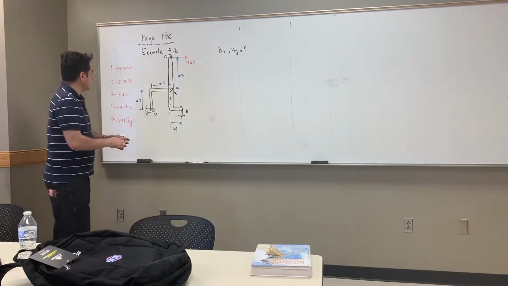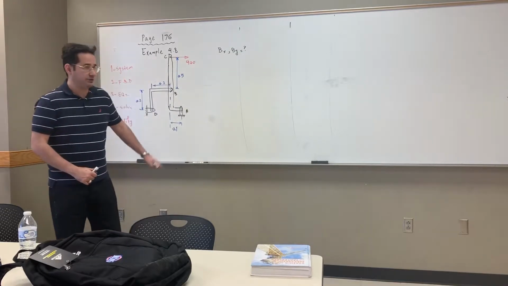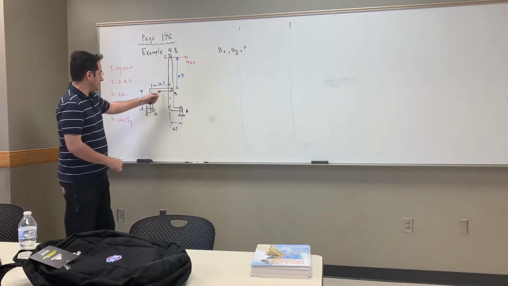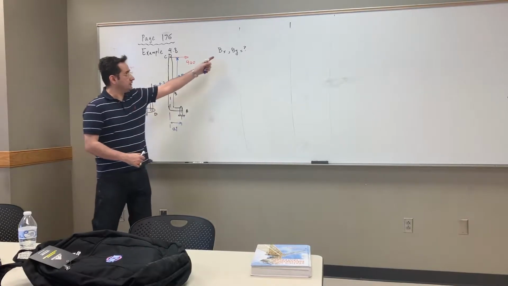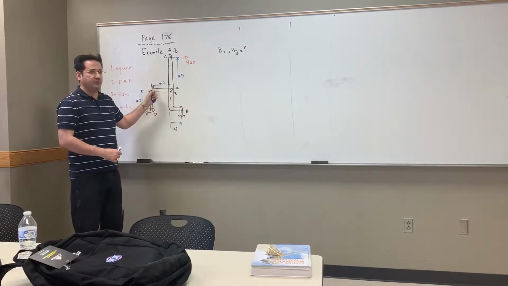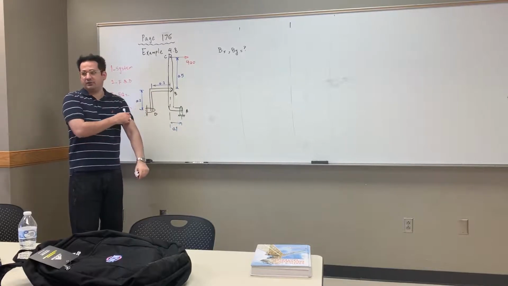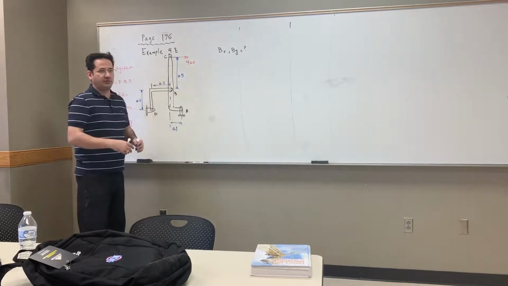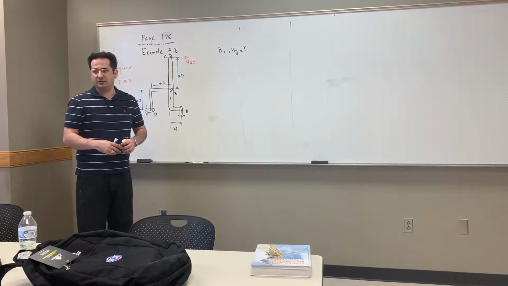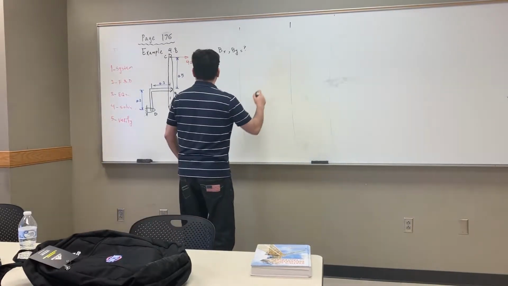First, system. What should I choose as my system? I have 2 parts. 1, 2. Well, because this point P is shared between 2 parts, it's kind of tangled between 2 parts. I have to choose 2 parts as systems. So I'm gonna have 2 systems.